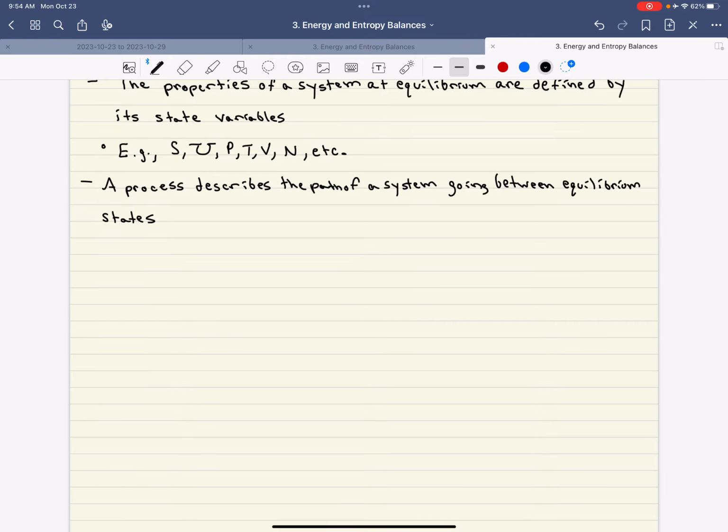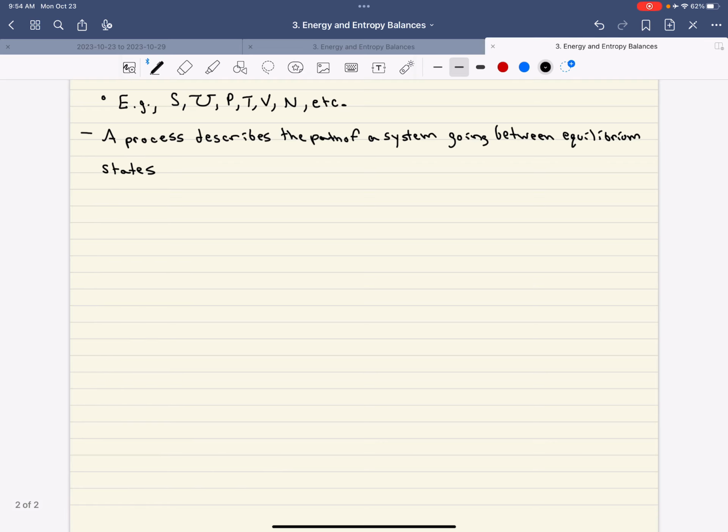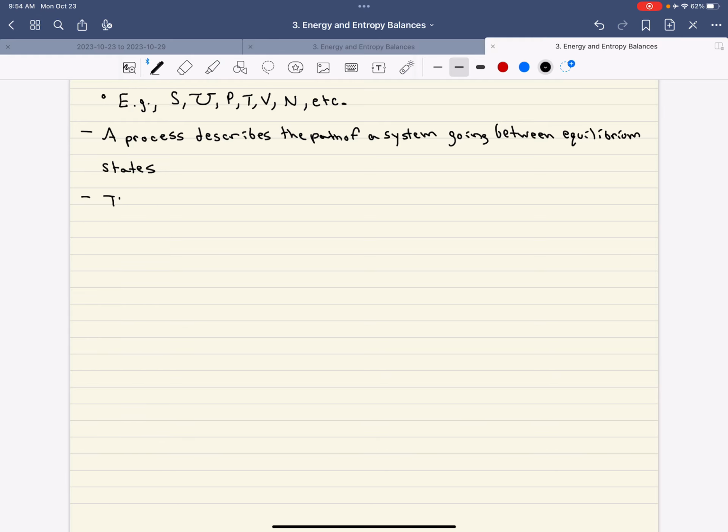Now, in order to develop a framework for understanding and describing processes, we're going to use the first and second laws of thermodynamics.